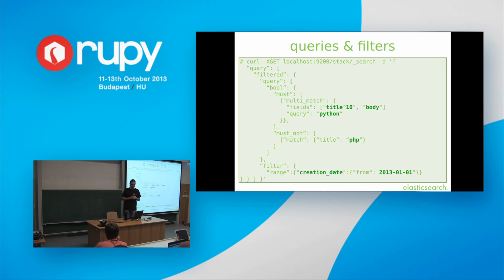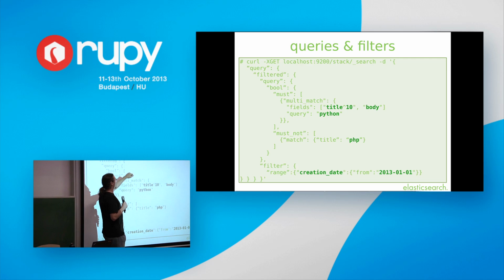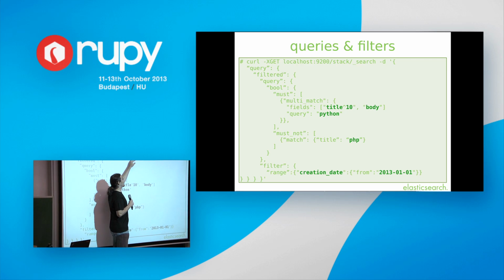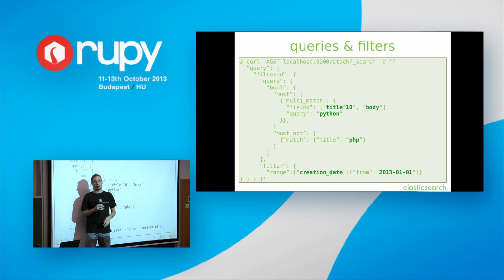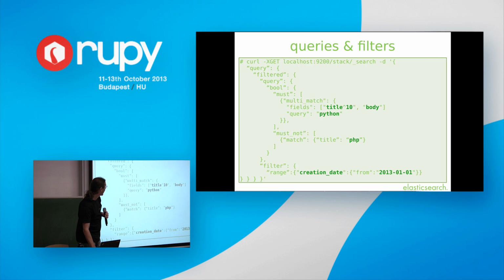It's always good fun to exclude PHP. So this is a pretty simple query in the DSL. You see that it's all just JSON, all just HTTP. We're talking to an index called stack. We're just calling the search endpoint. Nothing groundbreaking here.